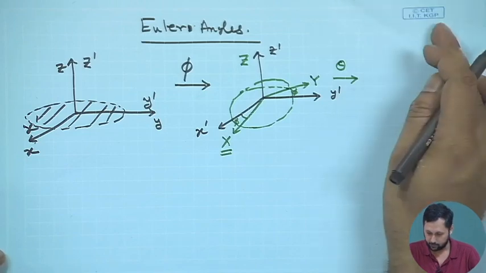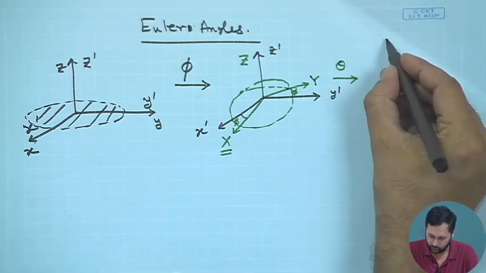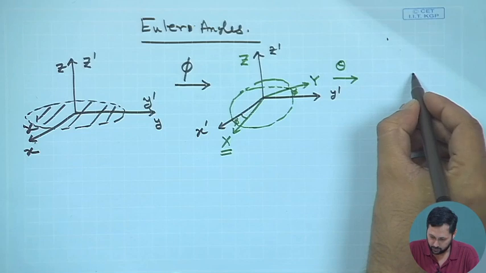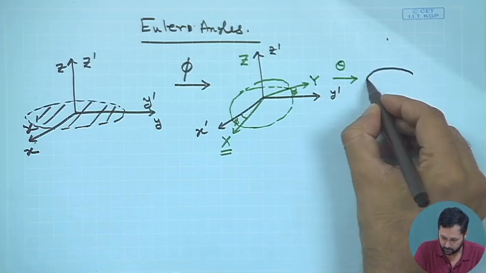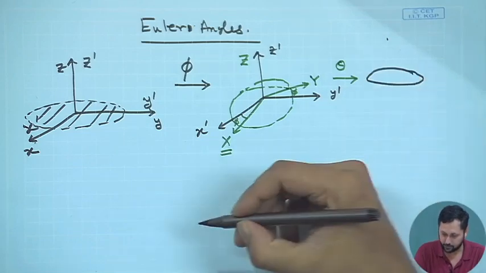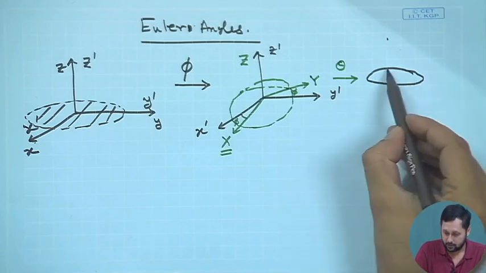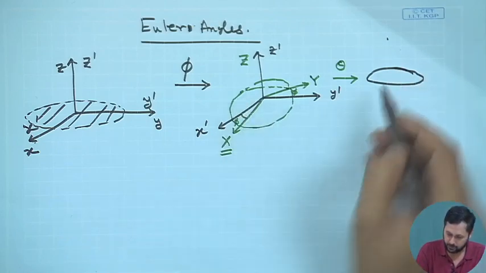If I now try to draw this, what is the best way of drawing it? Let us try this out and see. So, we have this object, and now we are tilting it by angle theta.